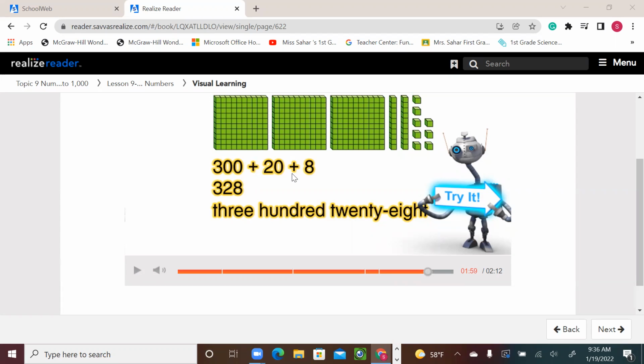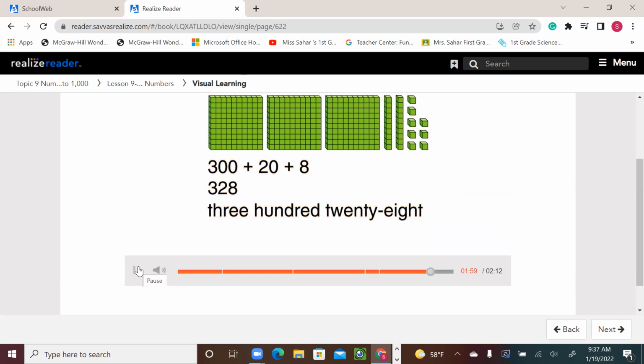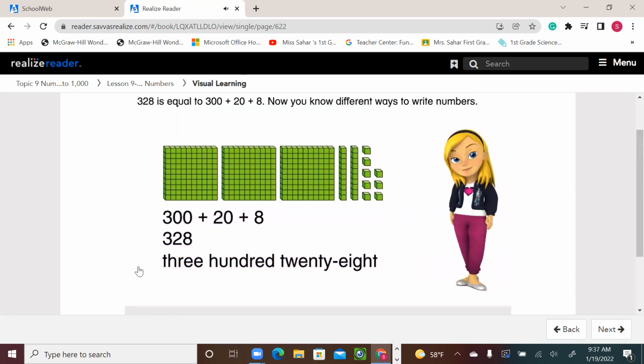The first one, expanded, when you put the value of each number and you add plus, so 300 plus 20, which is 2 tens, plus 8, or the standard form that you put the number just 328, or the word form that you write the value of each number using the words. So 328 is equal to 300 plus 20 plus 8.